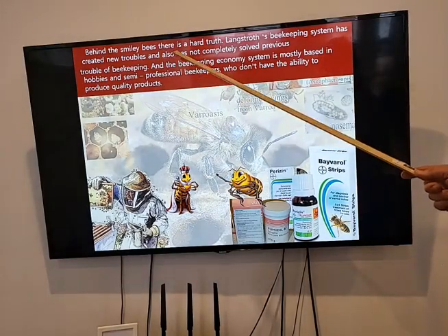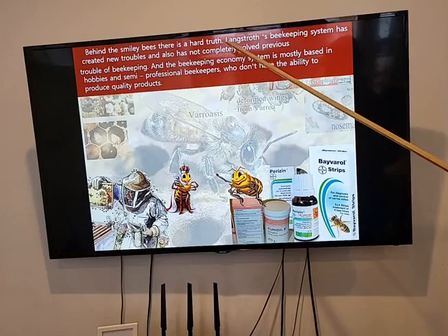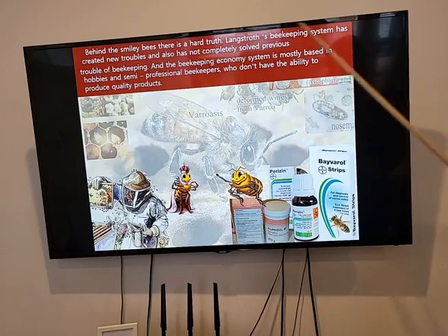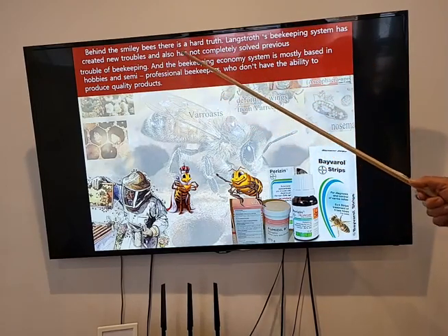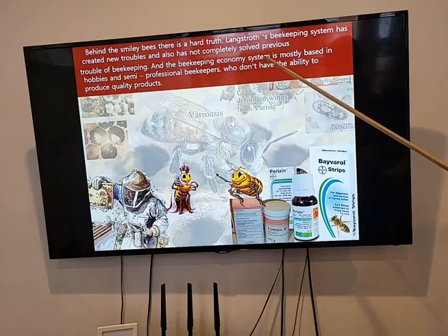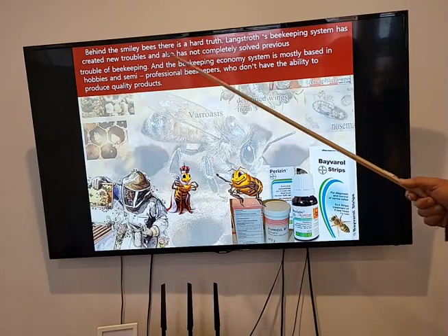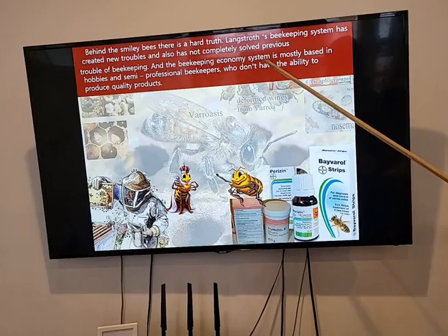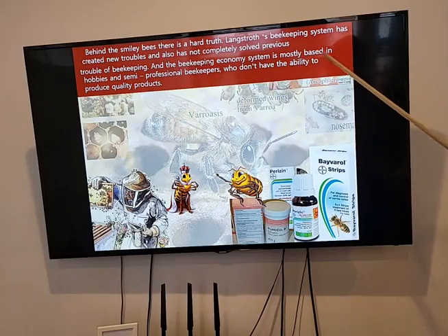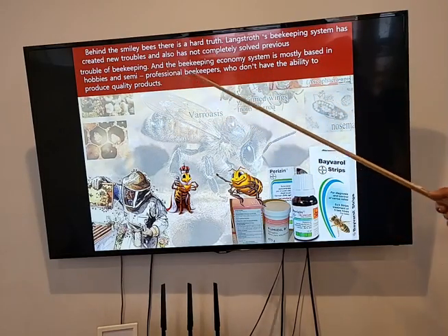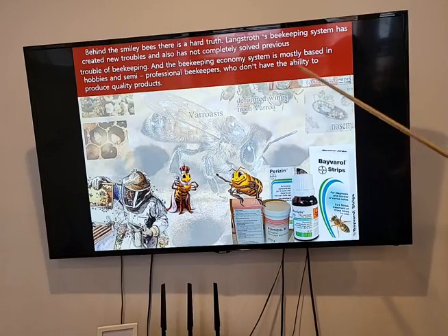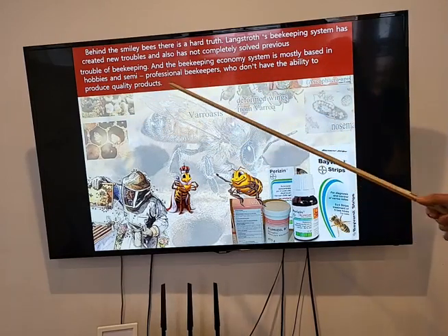Behind the smiley bees there is a hard truth. Langstroth's beekeeping system has created new troubles and also has not completely solved previous troubles of beekeeping. And the beekeeping economy system is mostly based on hobbyists and semi-professional beekeepers who don't have the ability to produce quality products.